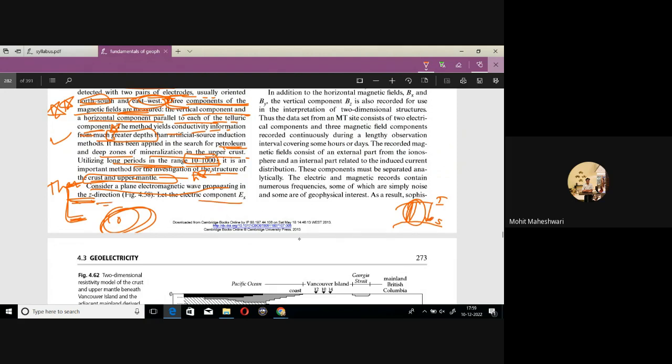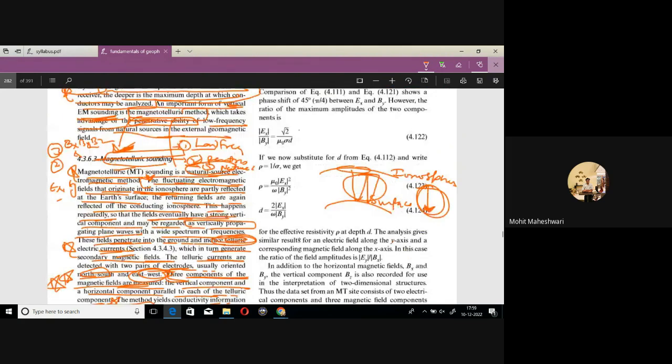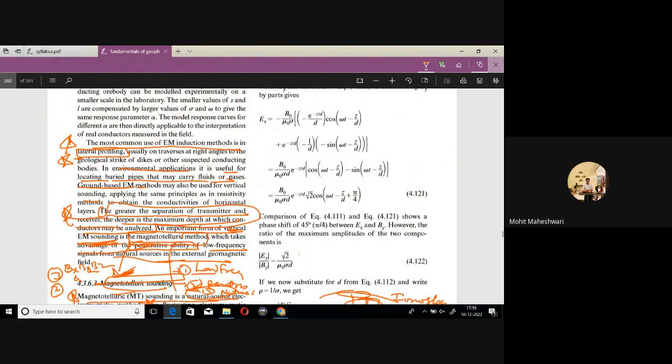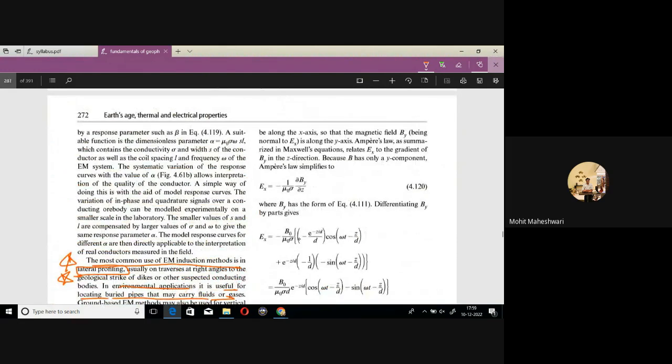Let the electric field component Ex be along the x-axis, so that the magnetic field By is along the y-axis. Ampere's law relates the x component of the electric field to the gradient of the y component of the magnetic field in the z direction.